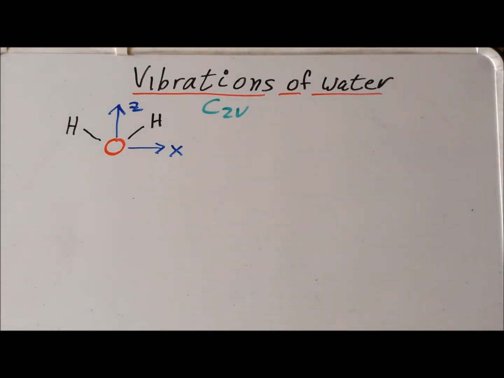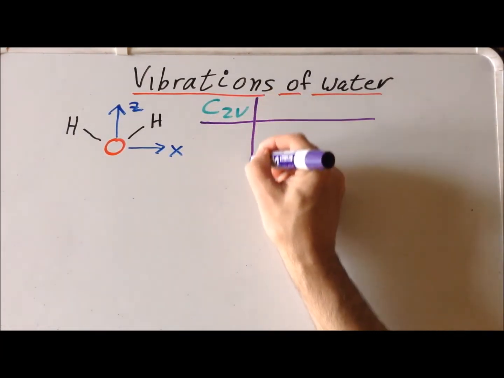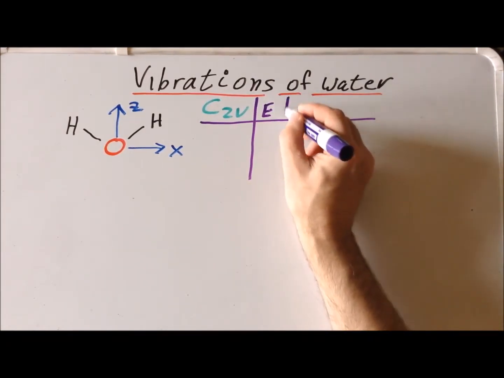The next step in the derivation of the vibrations is to form a reducible representation for all 3n degrees of freedom for H₂O. So we can make a small chart, and we have a column for each of the classes in the point group.